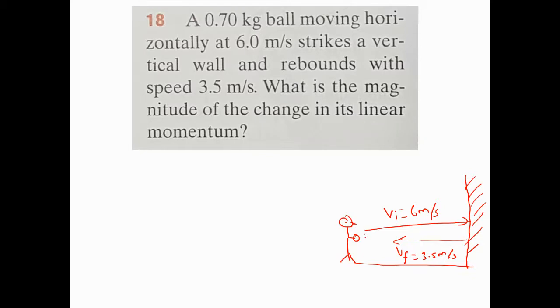So here, the change in momentum is a vector quantity. If you consider the graphical part, this is your x-axis, this is your minus x-axis. Your initial speed is going in the positive direction. Your final speed is coming in the negative direction. Am I right or not? Yes, you are right.